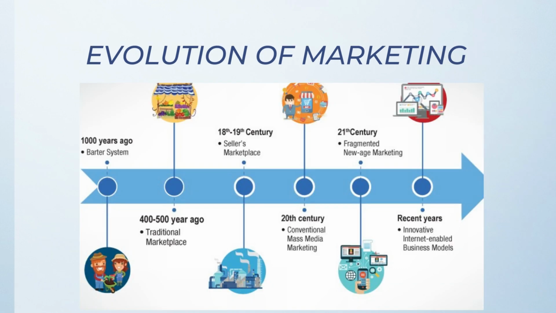What was the barter system and why did the need for marketing begin in this era? Hundreds and thousands of years ago, there was a system called the barter system used to fulfill our needs. As we all know, we are human and we need each other to fulfill our needs. If I want to wear new clothes, it's a whole process.